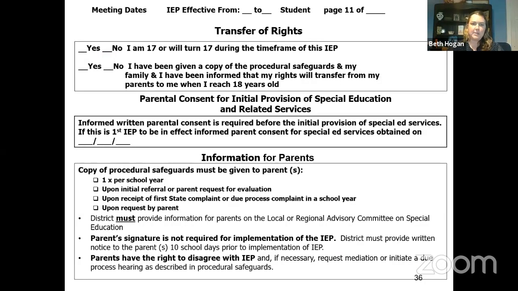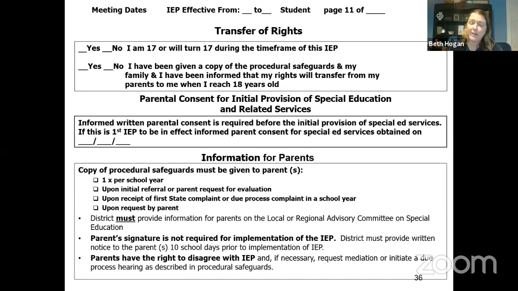Okay, and this is the very last page that Anne actually went over already. The last page will be reviewed with the parent. At this point, the IEP is considered final. And again, I just want to remind parents that if at this point they disagree with any part of the IEP, they need to take an action.